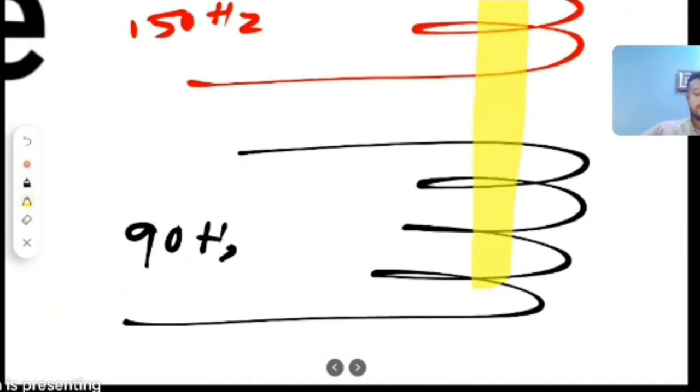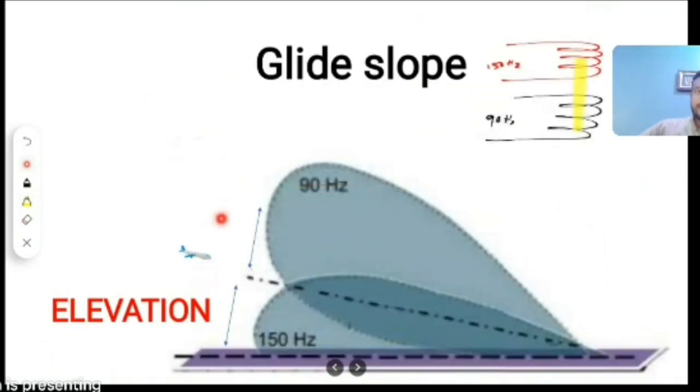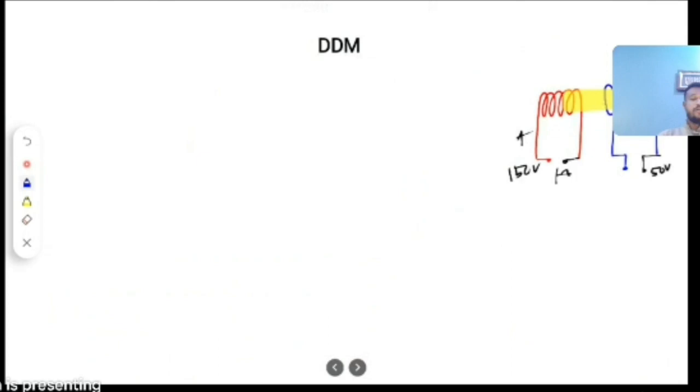That's it. The moment you are above the desired glide path, we will have more voltage at the above coil. So automatically the needle will go up, so you need to come down to match the glide path. Understood, guys? Yes, sir. This is how the ILS works.